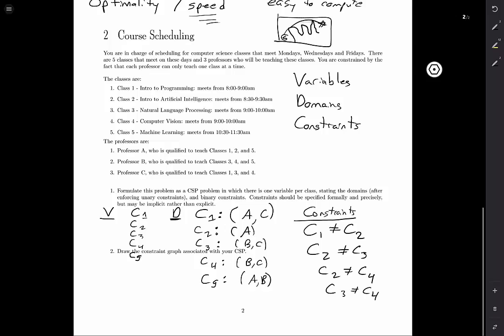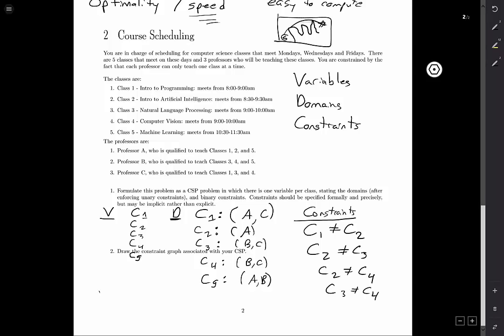So these are our variables, domains, and our constraints. Now problem 2 asks us, can we draw the graph that's associated with this? So first what you do is you draw all your variables as nodes.